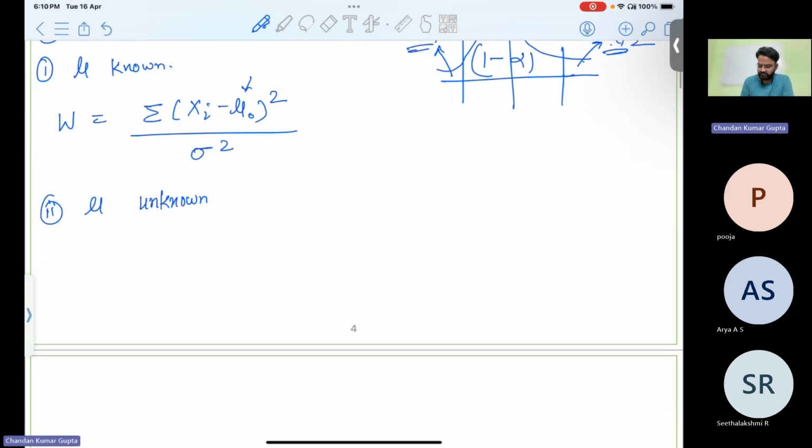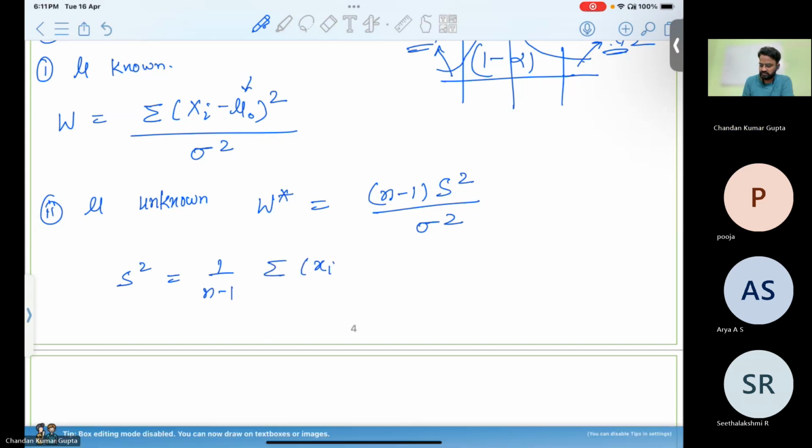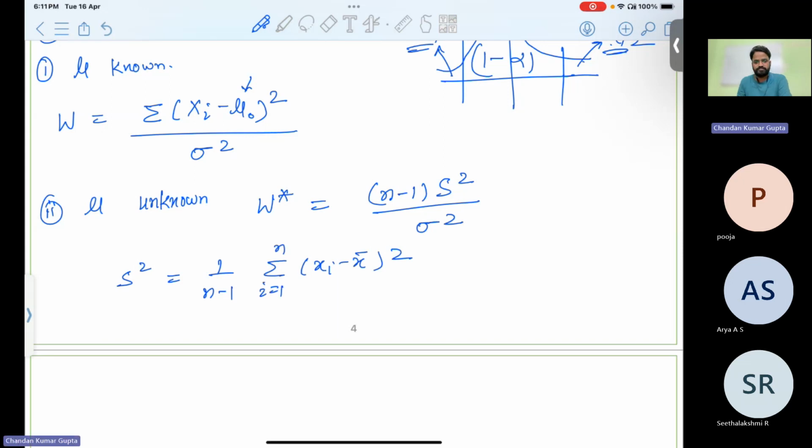In that case, we define the test statistic, suppose W star, as n minus 1 capital S square upon sigma square, where capital S square is 1 upon n minus 1 times the summation of squared deviations.